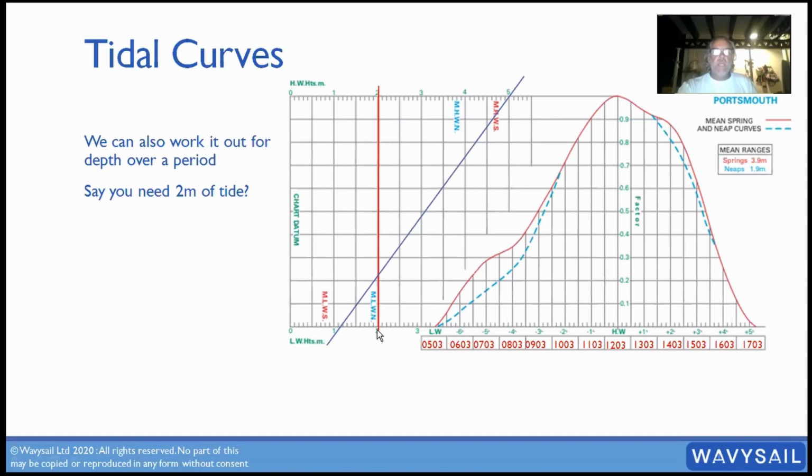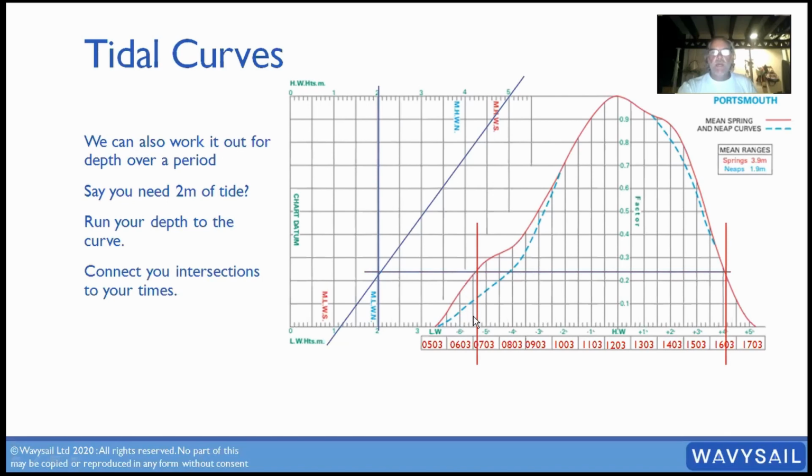Okay, we take our line from our 2 meter depth and it meets there. So we come across to our curve. From the curve, we come down there and come down here, which means between that line and that line, we're literally going to have more than 2 meters of tide.